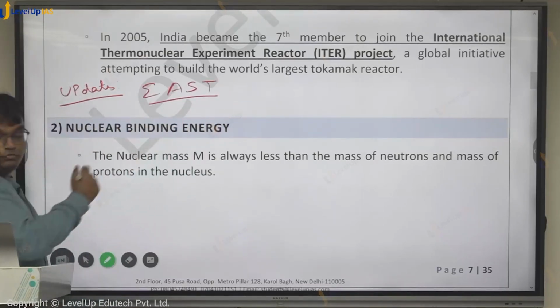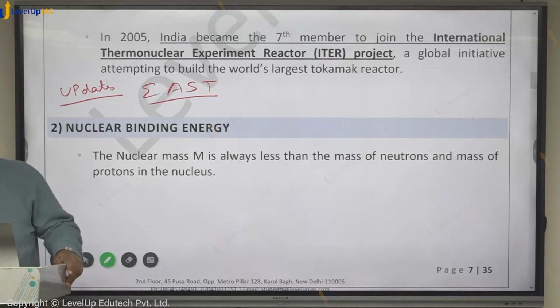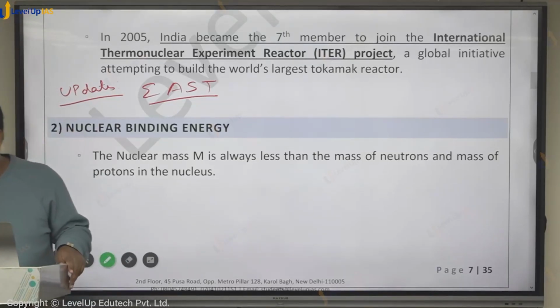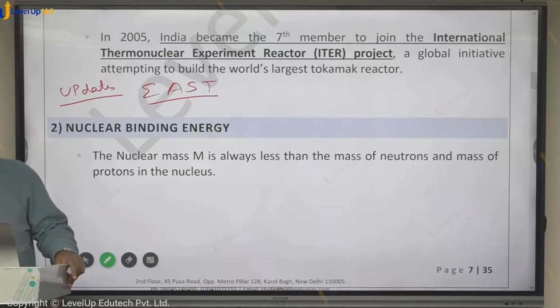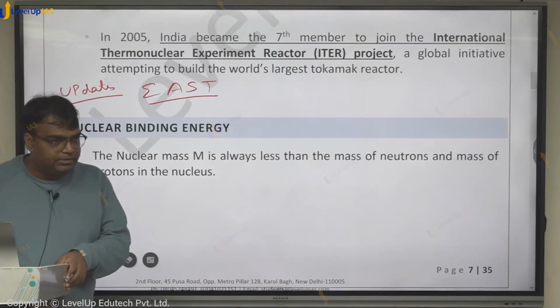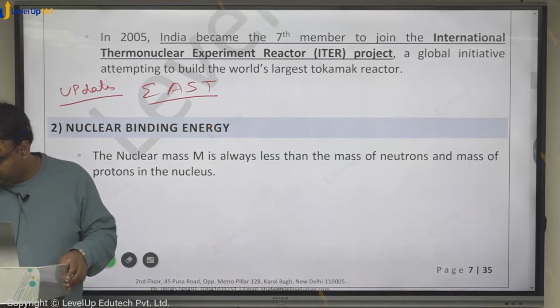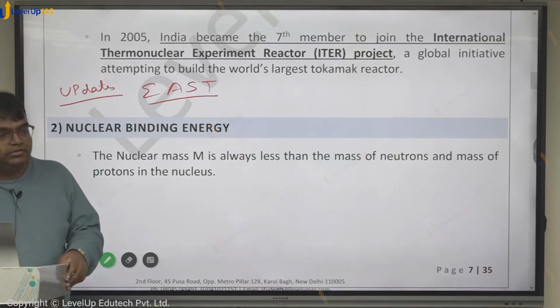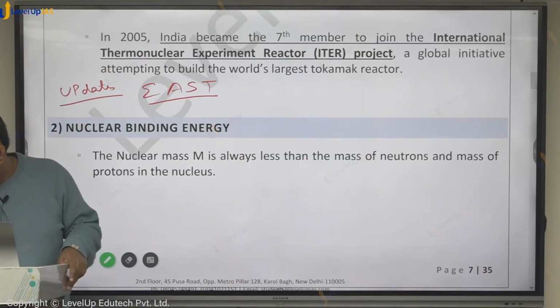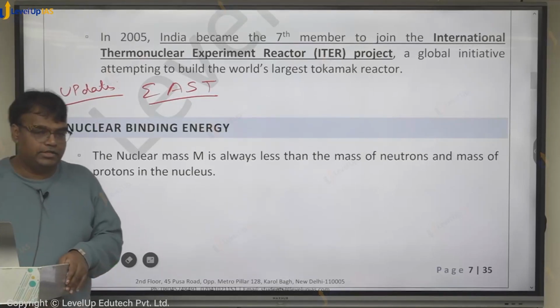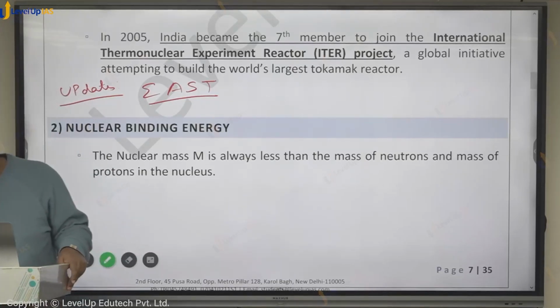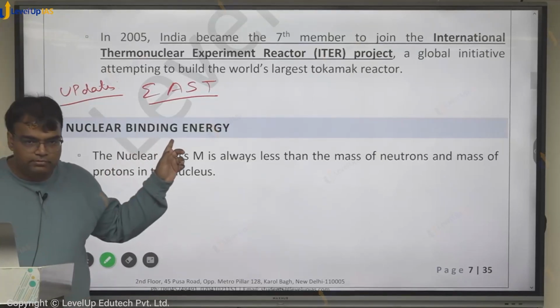ईस्ट का फुल फॉर्म लिख लो. The Experimental Advanced Superconducting Tokamak. Experimental Advanced Superconducting Tokamak Fusion Energy Reactor. ईस्ट फ्यूजन एनर्जी रिएक्टर. ईस्ट है ना. ईस्ट का फुल फॉर्म तो लिख लिया हमने.